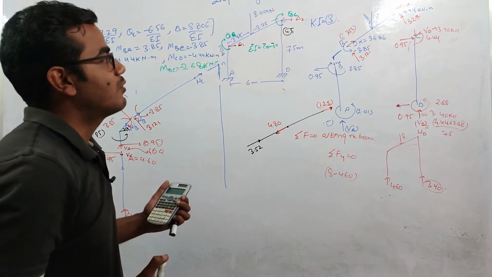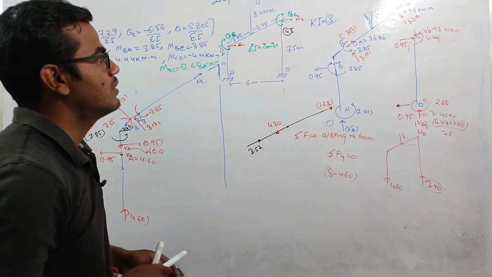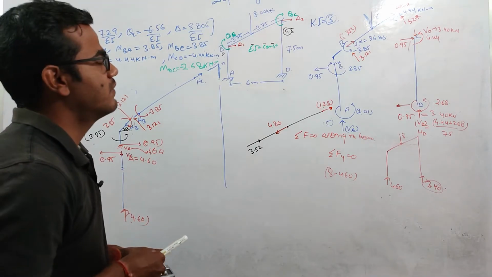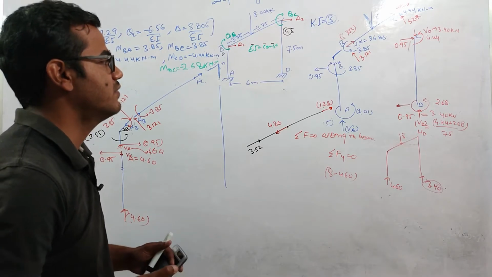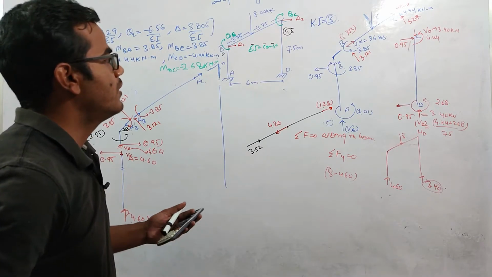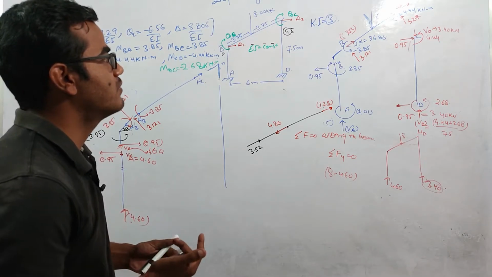So guys, we have calculated the values in each and every member. Now these forces are sufficient to draw the axial force diagram, shear force diagram, bending moment diagram and deflection curve.